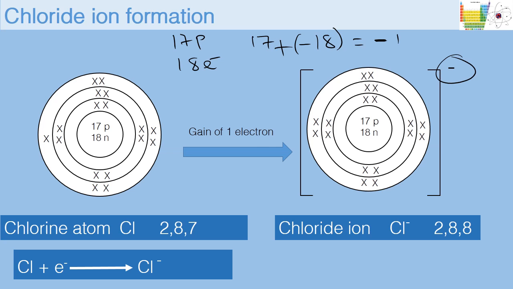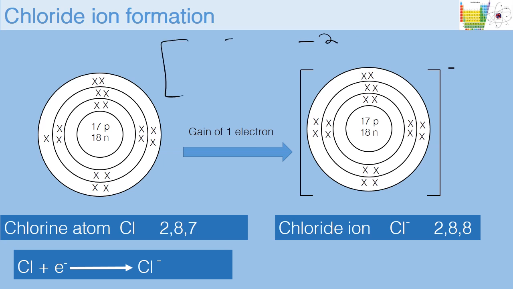If we calculate and find a figure like negative 2, then once we draw, we'll have the square brackets and we'll draw our atom there and we'll have 2 negative. Remember, we reverse, so it is 2 negative. However, for this case, it is just negative.